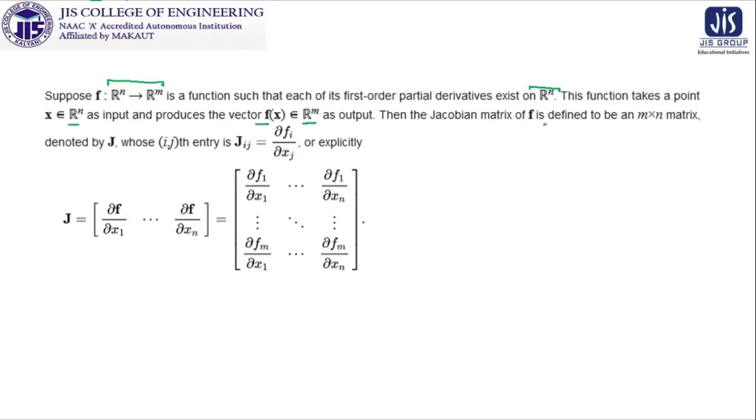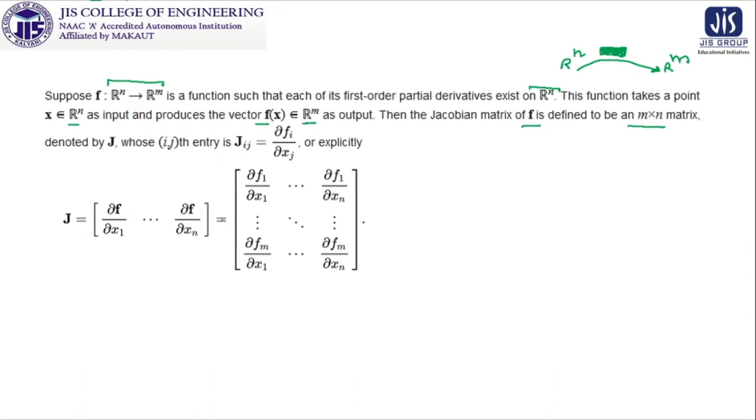Then the Jacobian matrix of A is defined to be an m cross n matrix. It is nothing but an important tool for transforming one particular input from Rn to Rm, and it is defined by this particular structure.